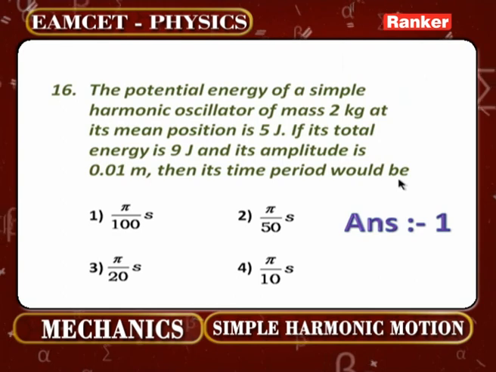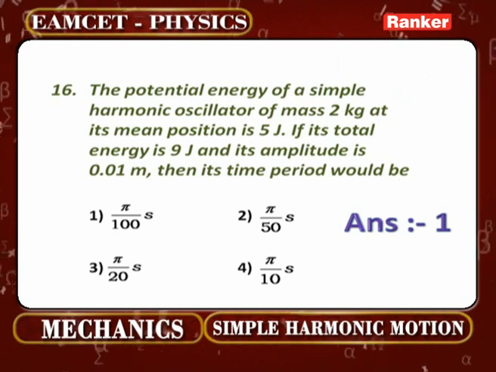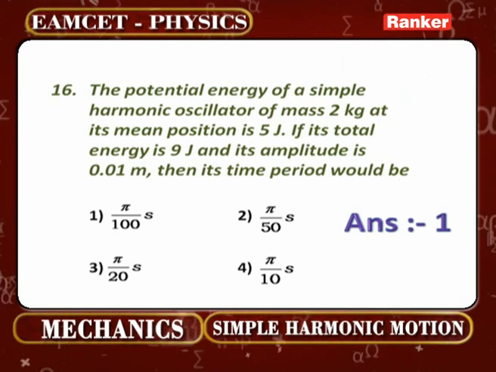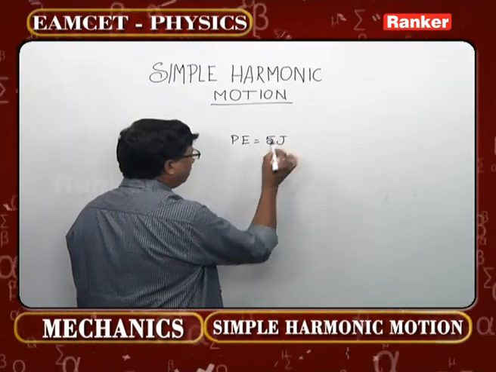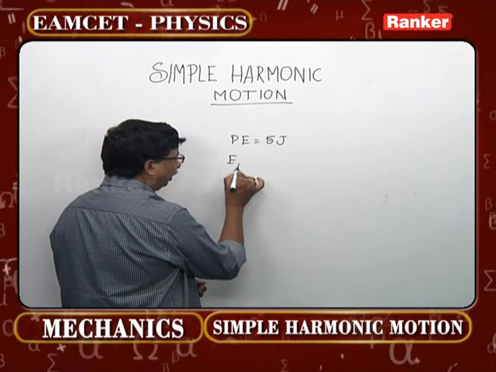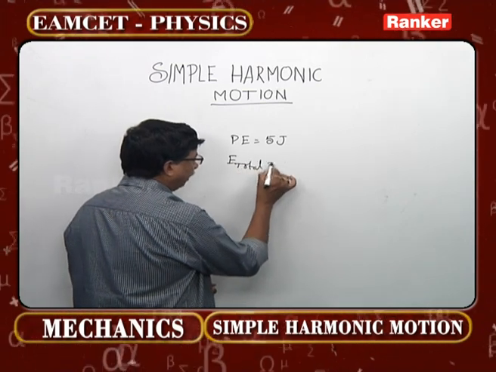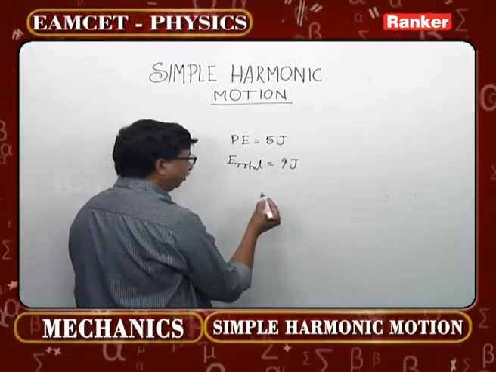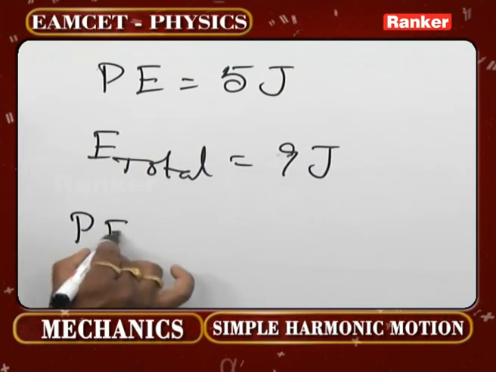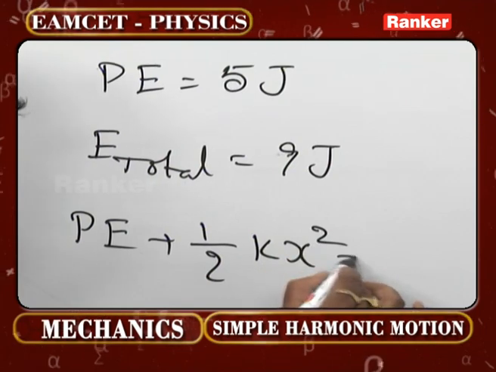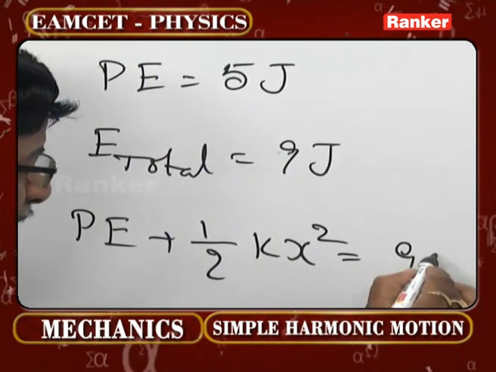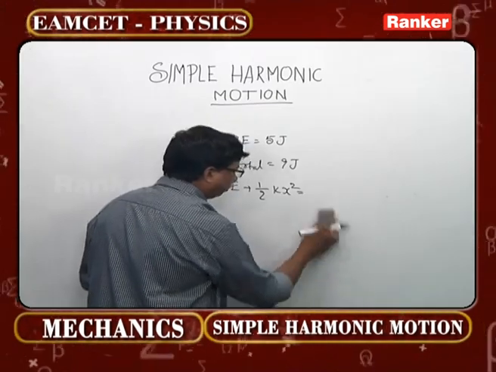If you look at, first of all, mean position he is talking. So potential energy at the mean position is given 5 joule. But at the same time, total energy is given 9 joule. So if you take up potential energy plus half kx square of that oscillator, that now must be equal to the total energy over here.